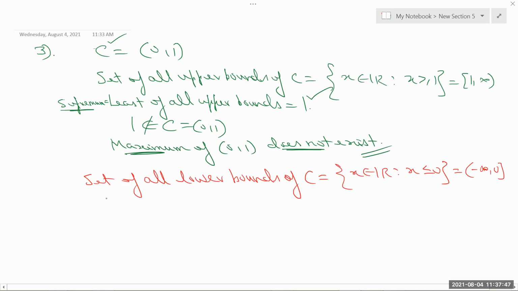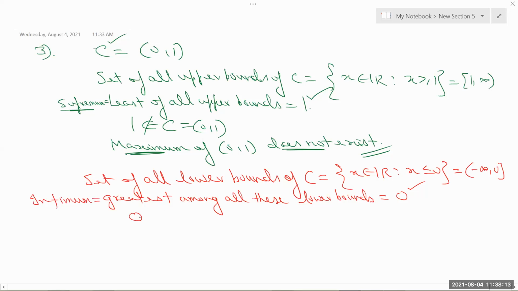Now, greatest among all these lower bounds, the greatest among all these lower bounds is 0. Doubt तो नहीं किसी को? And this is called the infimum. By definition, this is called the infimum.